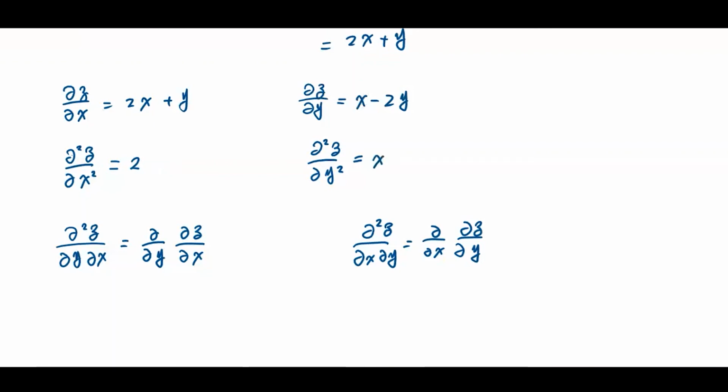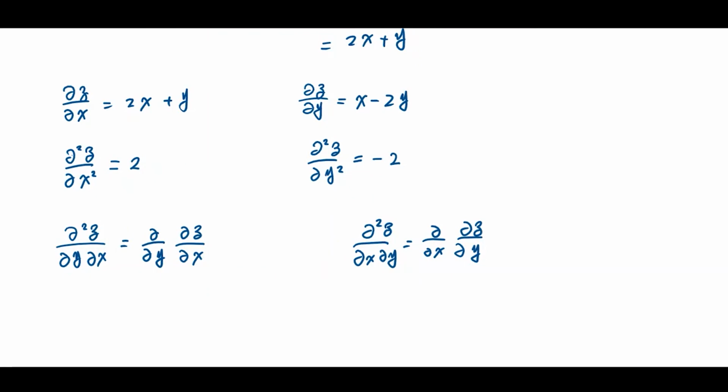This dies, right? Because this is constant, so it dies in the differentiation with respect to x. Now this, if we take a derivative with respect to y, then this x dies, and then we get -2. That much is easy, okay?